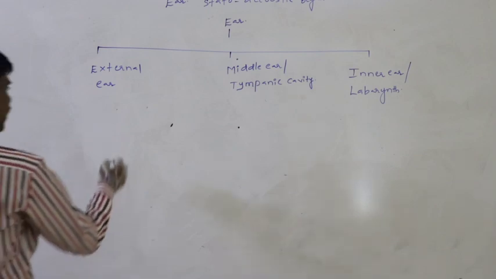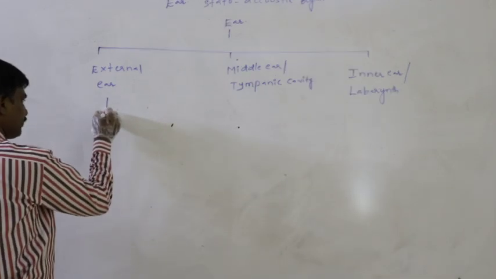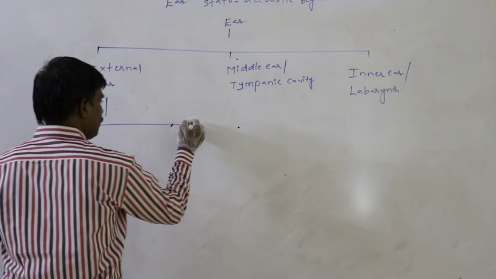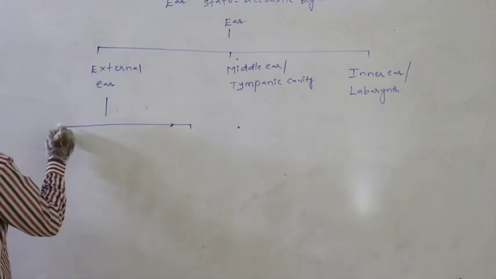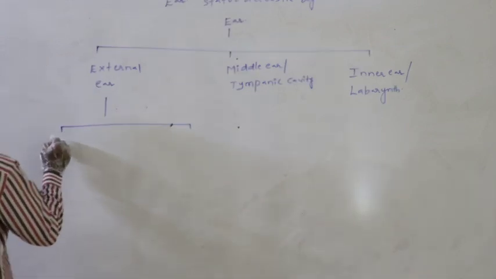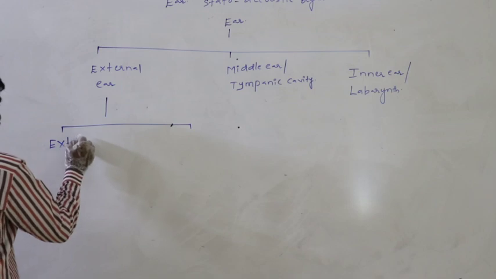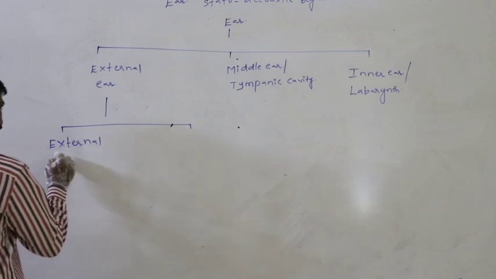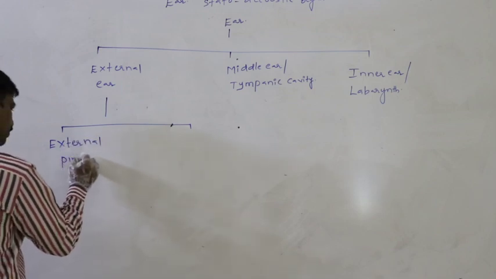Again, in the case of the external ear, three principal portions are present. One is the external pinna.